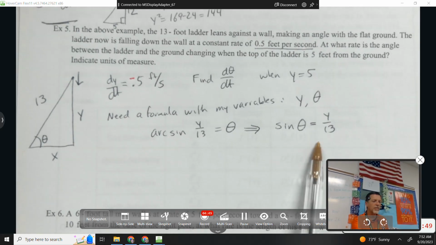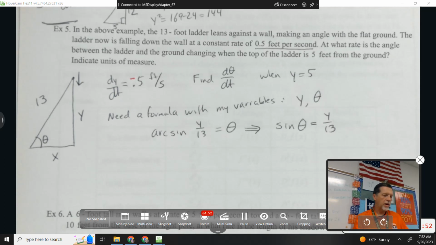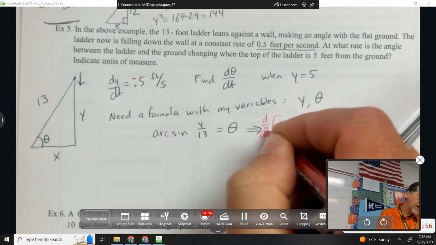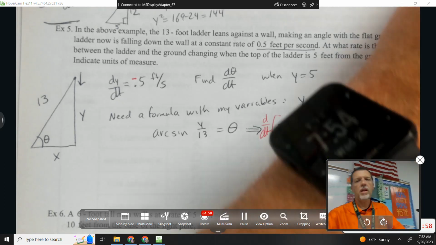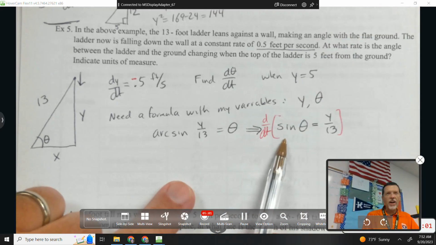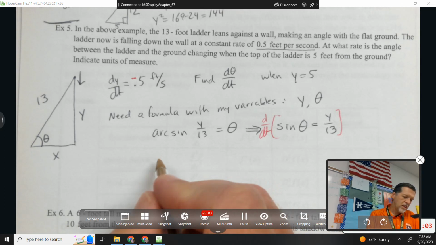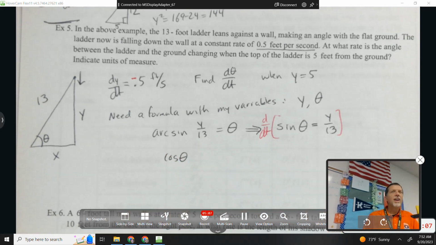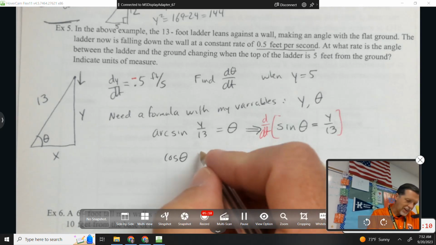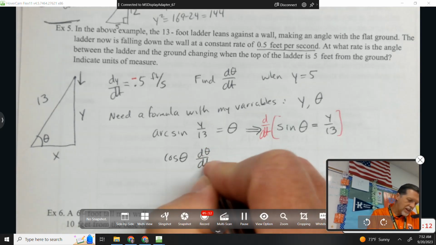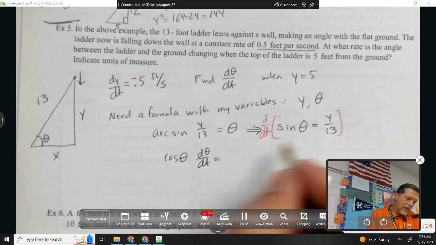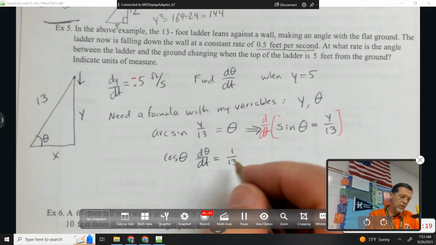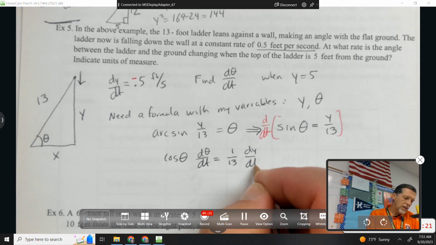So I take the derivative with respect to time. What's the derivative of sine of theta? Cosine of theta. Good, times d theta/dt. And y over 13 is 1/13 y, so I'm going to write it as 1/13. The derivative of y is dy/dt.